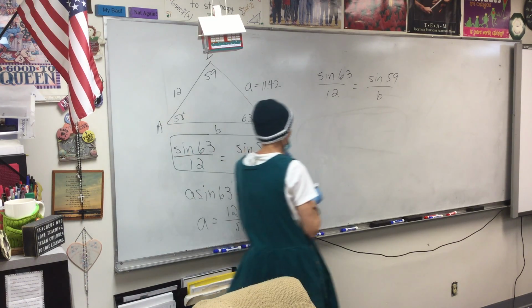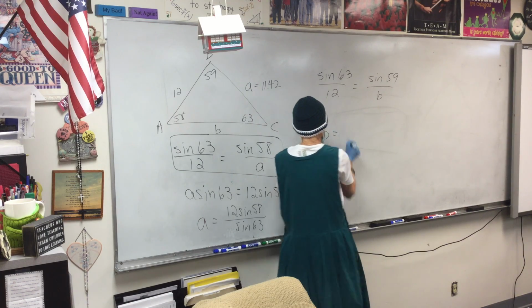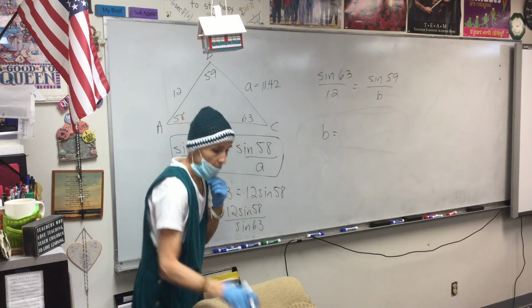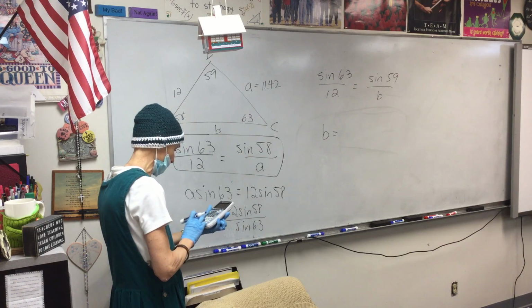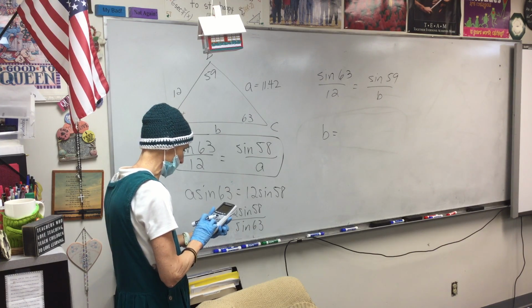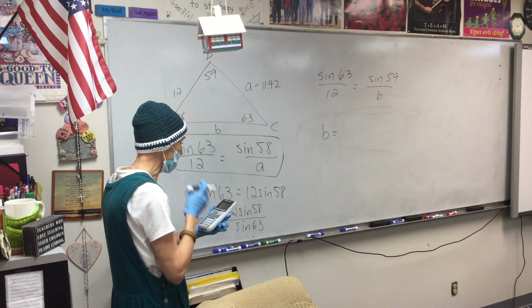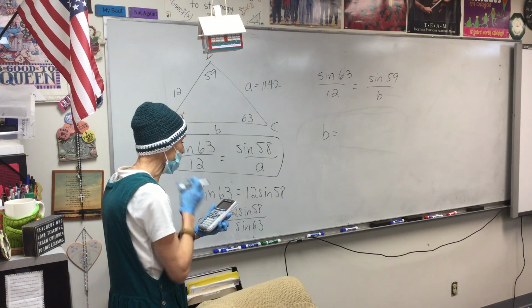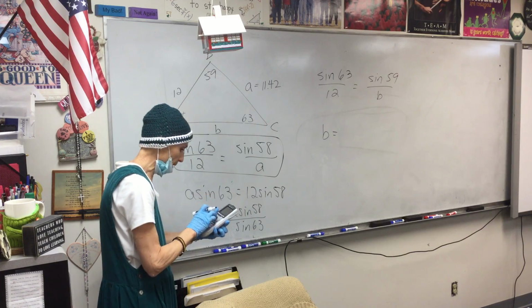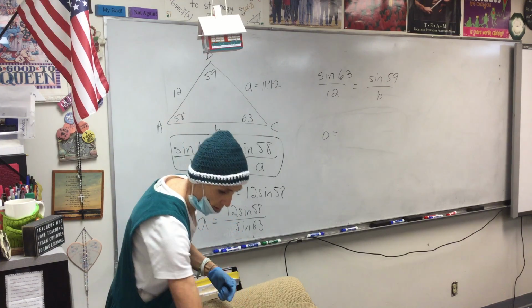All right, so here we go. Let's solve. Let's see what you come up with for side B. Write as much down as you need to. At this point, you don't need to show any work, but if you need to write it out, that's awesome. Go ahead.